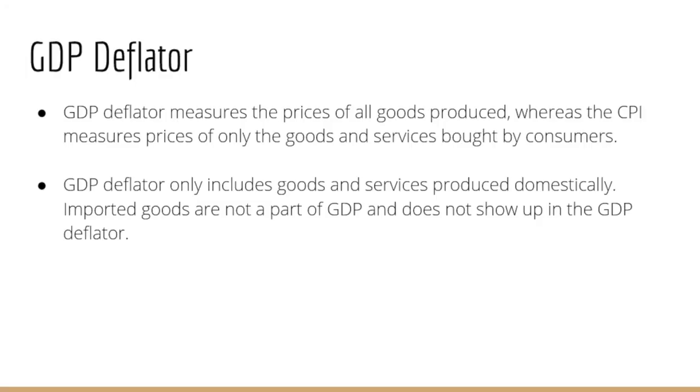The difference between the GDP deflator and the CPI is that the CPI only measures the prices of goods and services bought by consumers within a specific market basket. The GDP deflator, on the other hand, measures the prices of all goods and services that were produced. However, the caveat is it only includes goods that are produced domestically.